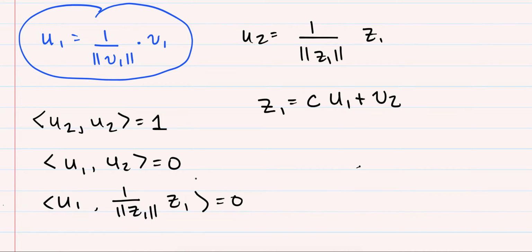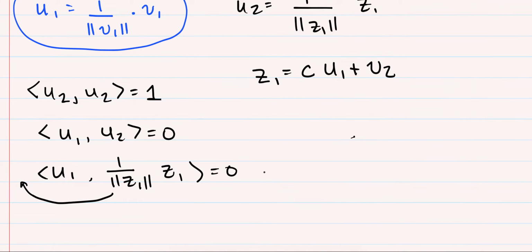We want that to be 0. We can take the scalar out. And so we need the inner product of U1 with Z1 to be 0. Okay, so let's actually take the inner product of U1 with Z1 and then see what C has to be in order for this to equal 0.